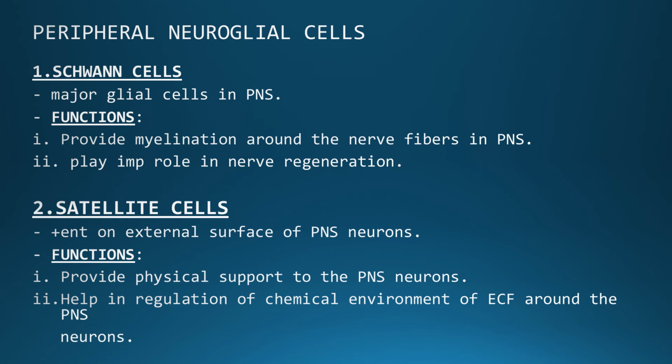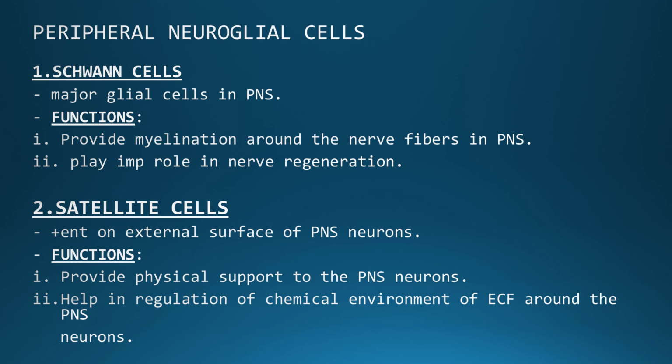Then peripheral neuroglial cells. In peripheral neuroglial cells, there are two types of cells, Schwann cells and satellite cells. Schwann cells are major glial cells in the peripheral nervous system, and the function of Schwann cells is to provide myelination around the nerve fibers in the peripheral nervous system and play an important role in nerve regeneration.